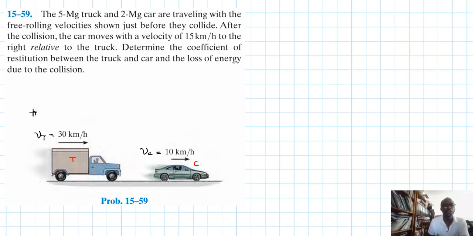The mass of the truck is equal to 5,000 kg, and the mass of the car is equal to 2,000 kg.